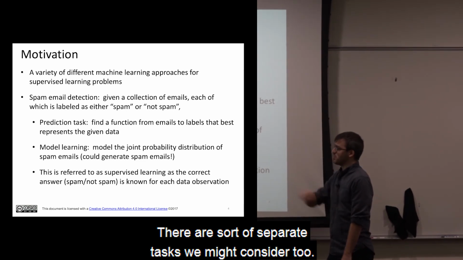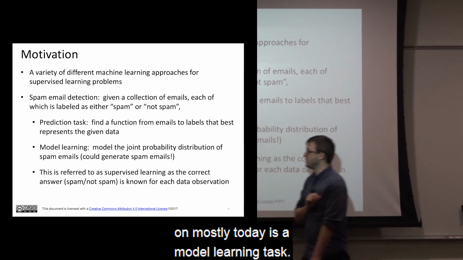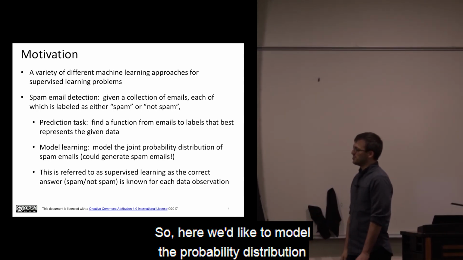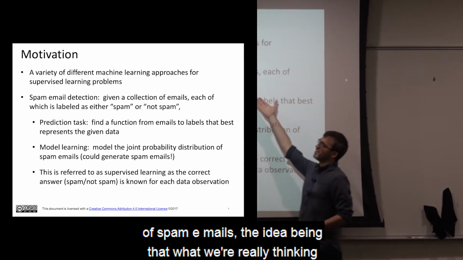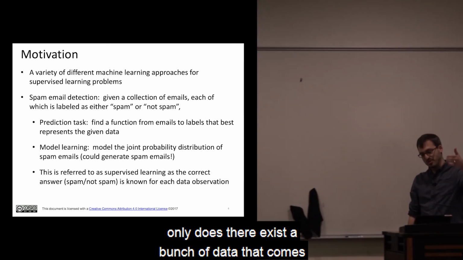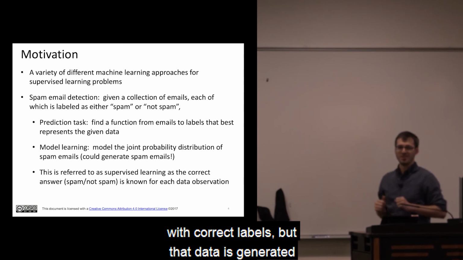There are separate tasks we might consider too, and what we'll be focused on mostly today is a model learning task. Here we'd like to model the probability distribution of spam emails. What we're really thinking of in a lot of these machine learning applications is not only that there exists a bunch of data that comes with correct labels, but that the data is generated from some random process in the world.